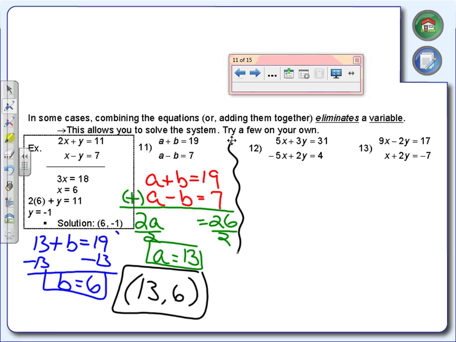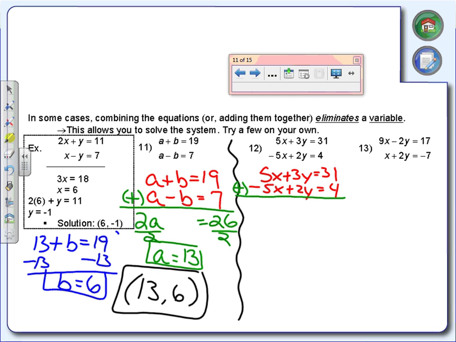All right, let's try another one here. Let's try number 12. Here's the system we're working with. Just like we did with 11, we're going to add the two equations together. 5x plus a negative 5x is a 0.